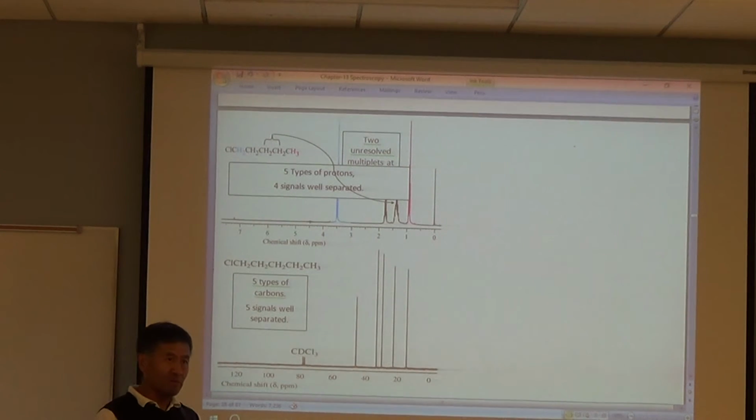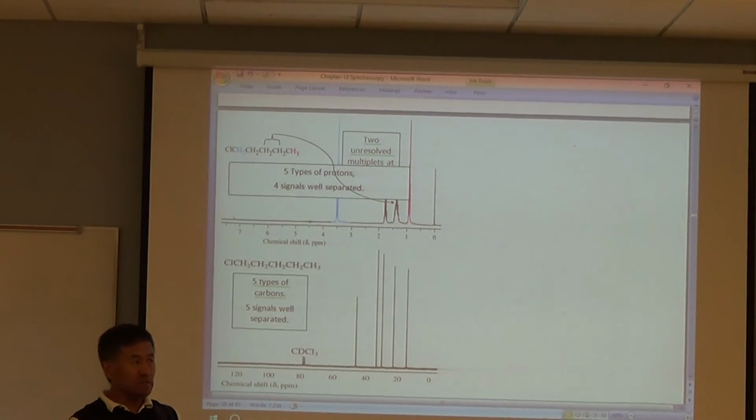Then you lose some information, because integrating the signal tells you how many carbons, how many H. But if you get rid of the splitting between the proton and carbon, then carbons with more H nearby will have a slightly stronger signal. So if you do integration, that will not tell you the true number of carbons, because the signal strengths also carry information about how many H you have.